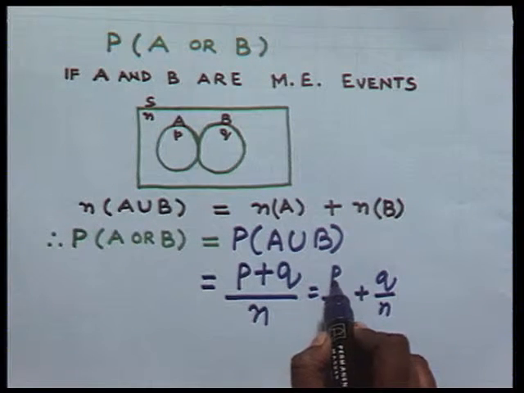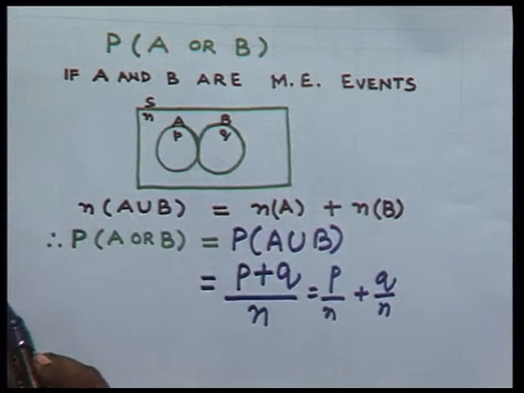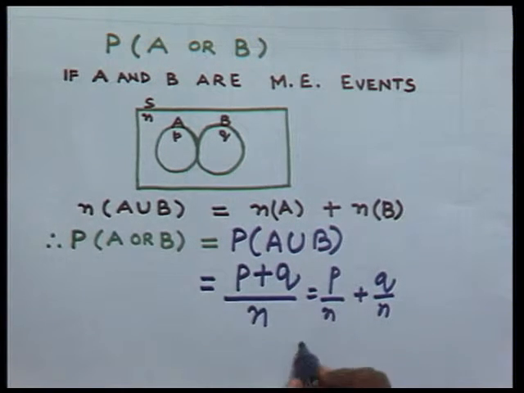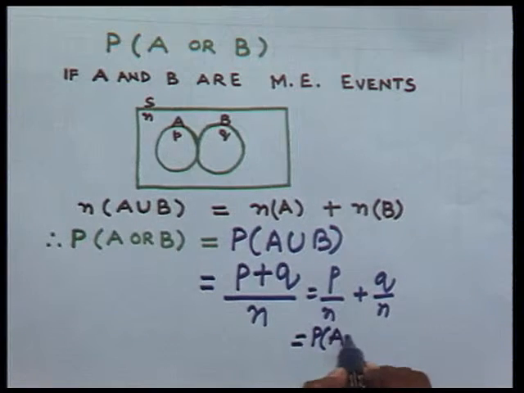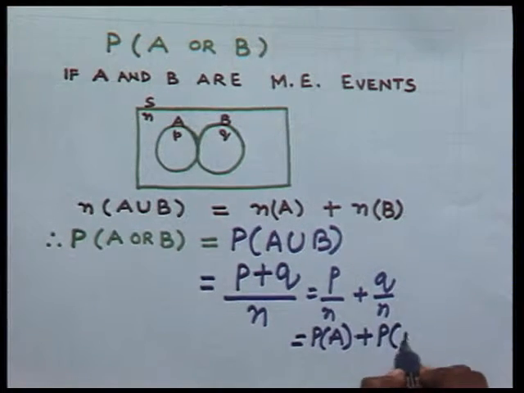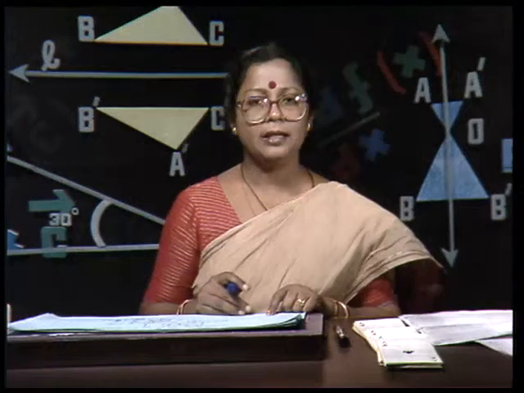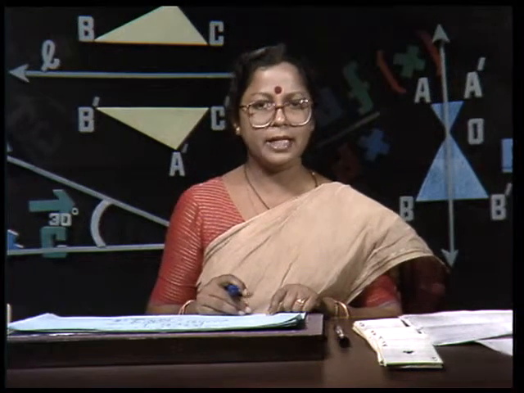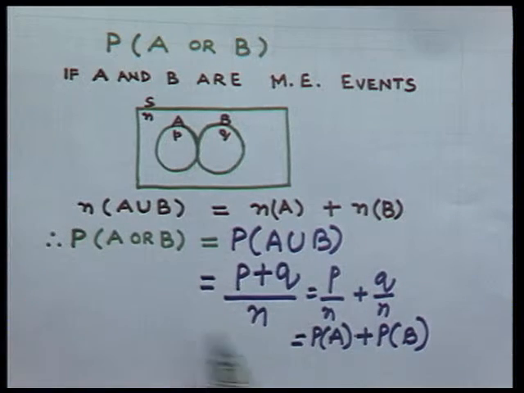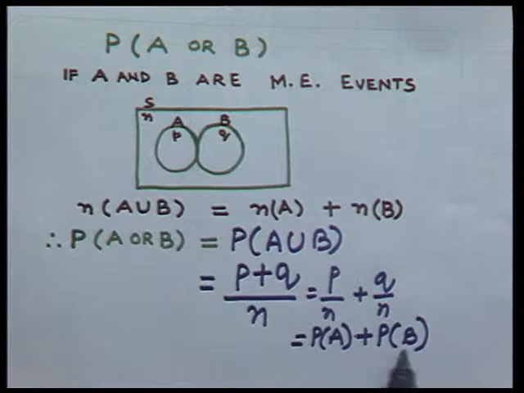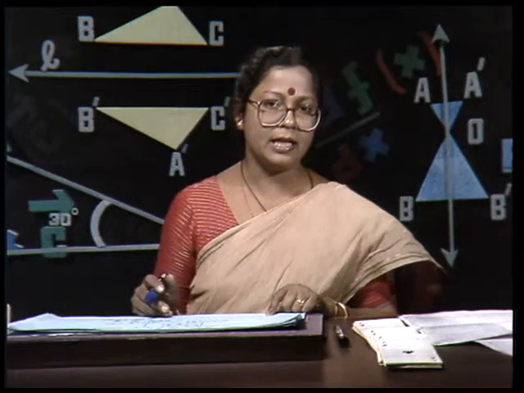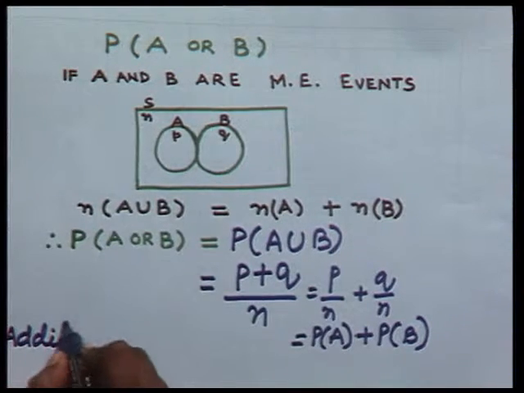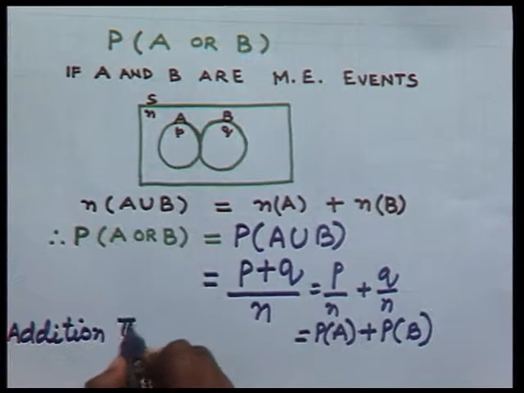P upon N is the probability of the event A, and Q upon N is the probability of the event B. So, we can write this as P of A plus P of B. Thus, we get that if A and B are two mutually exclusive events, then the probability of the event A or B is given by P of A plus P of B. This result is called the addition theorem on probability.